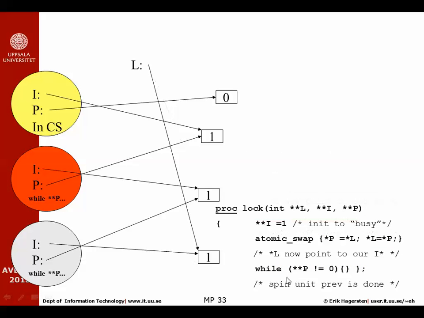And of course, the gray thread also wants to get in there, performs the same operations, and now the gray thread is spinning on one memory location to wait for it to see 0. The red thread is spinning on a different memory location, waiting to see the 0. And the yellow thread is not spinning, it's happy in the critical section.